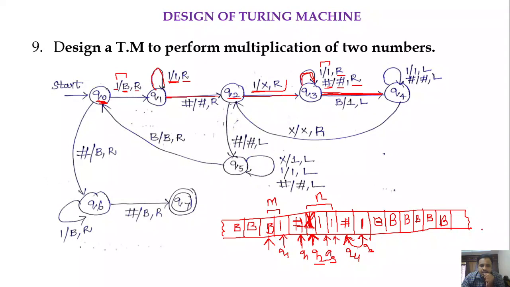Okay, so let me consider here. This is the first one we have copied, right? Now we are in state Q4. So in Q4, if we get hash, keep that hash as it is, move towards left.